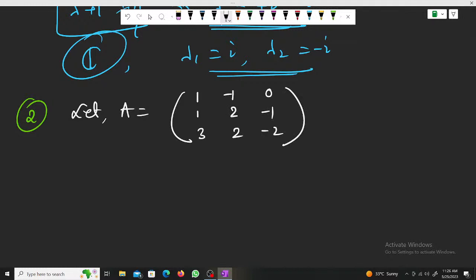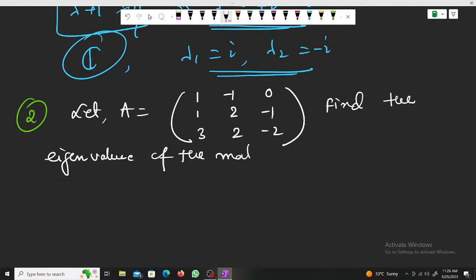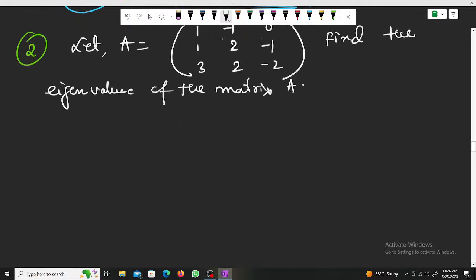Okay, all right. Now find the eigenvalue of the matrix A. Okay, very easy.